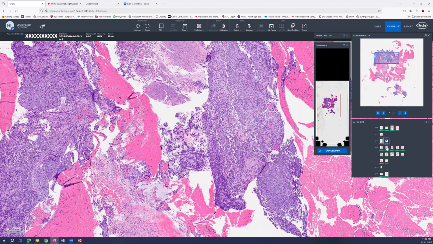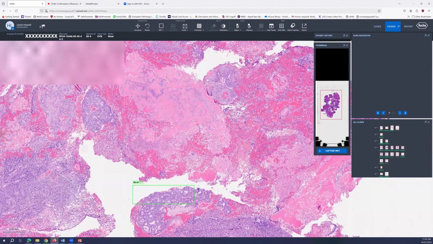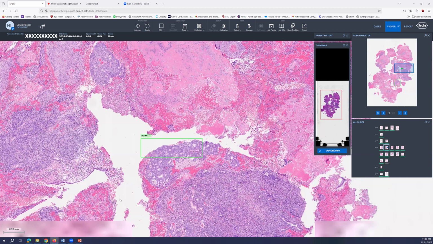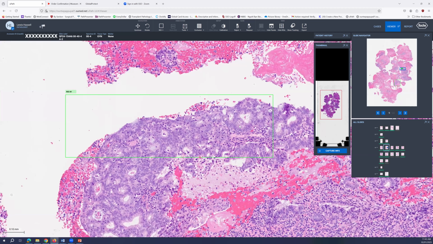And there we could see, again, areas of necrosis, but clearly some areas of glandular differentiation, as I've highlighted here in this bounding box, with good gland formation, fairly uniform nuclei, basally located, more of the notion of endometrial type carcinoma.